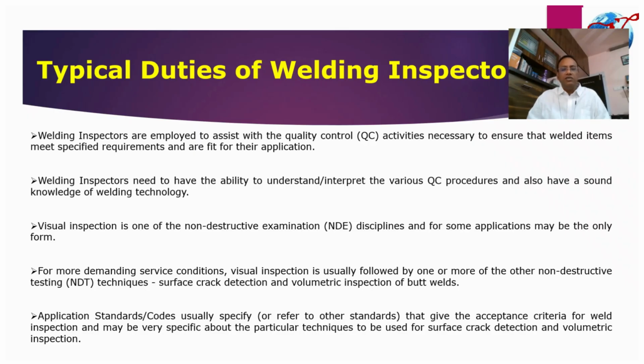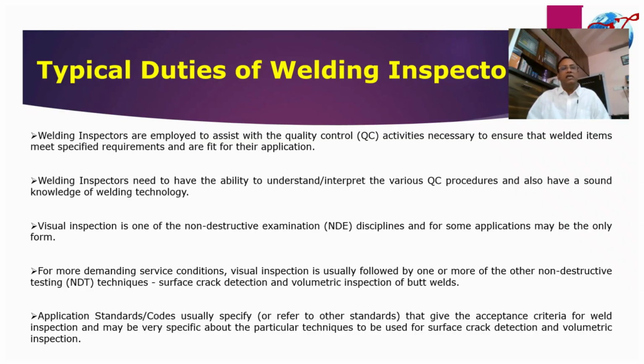The person who is involved in the control of the overall welding process and ensures that the entire welding has been done according to the approved procedure, and that all the variables required for the welding are controlled in some manner. So the inspector is the person who will have control over the entire process.